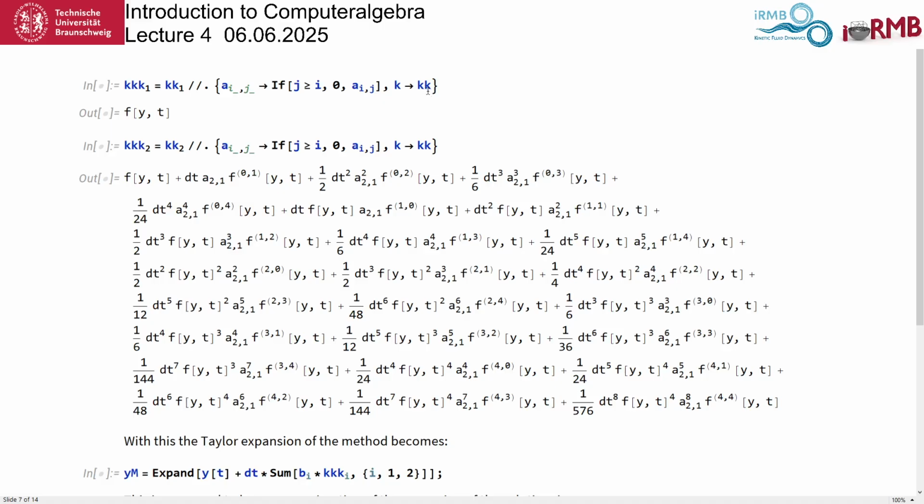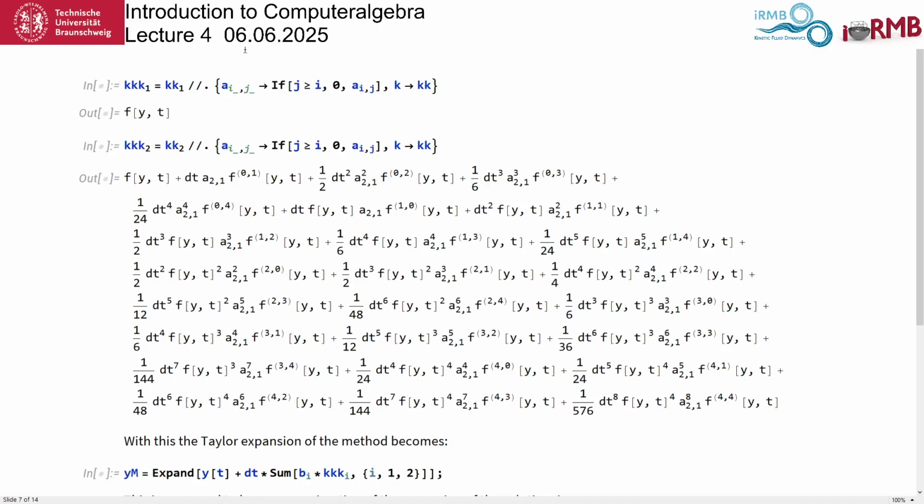Here we make use of the way Mathematica treats indices. This is not just a different name KKK1; the index is something that Mathematica distinguishes.